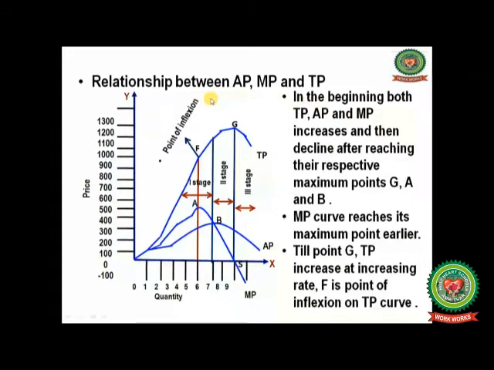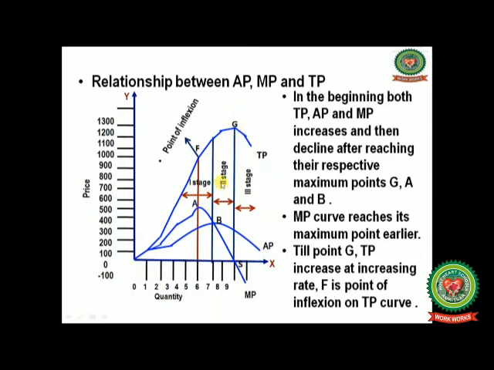Next one, we will discuss the relationship between average product, marginal product and total product. In the beginning, total product, average product and marginal product all increase. As you can see in the diagram, they are increasing, then declining.